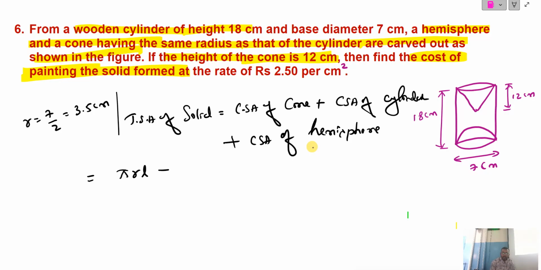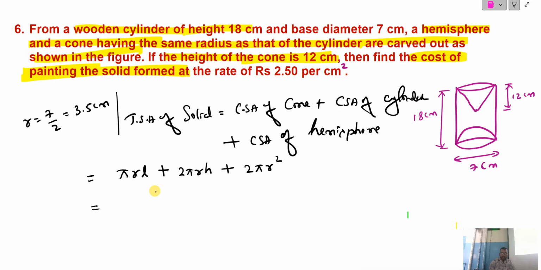That is pi R L, plus the curved surface area of the cylinder, that is 2 pi R H, plus the curved surface area of the hemisphere, that is 2 pi R square. Now, as you can see, all the radii are the same.